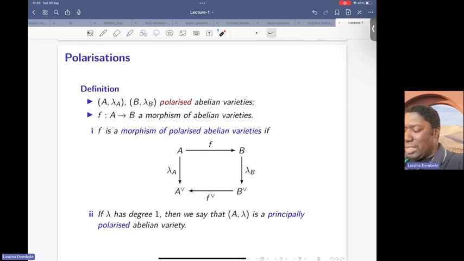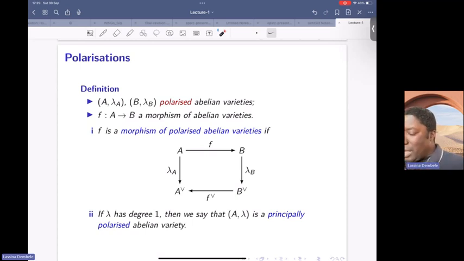Then you say that this is a morphism of polarized abelian varieties if this diagram commutes. So that would be the most natural thing to do if you want to define the notion of a morphism of polarized abelian varieties. So you require that this diagram commute.